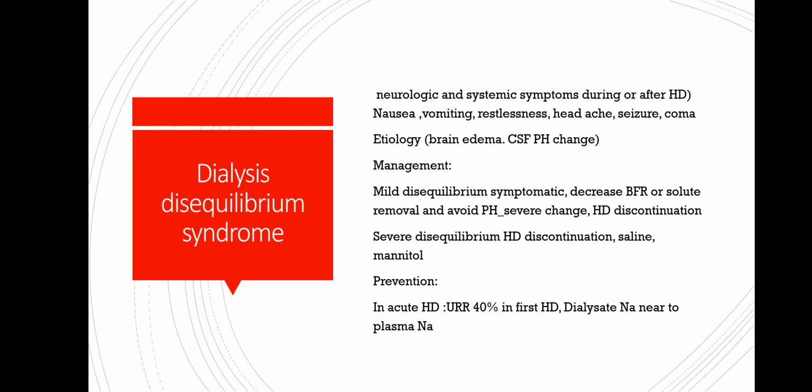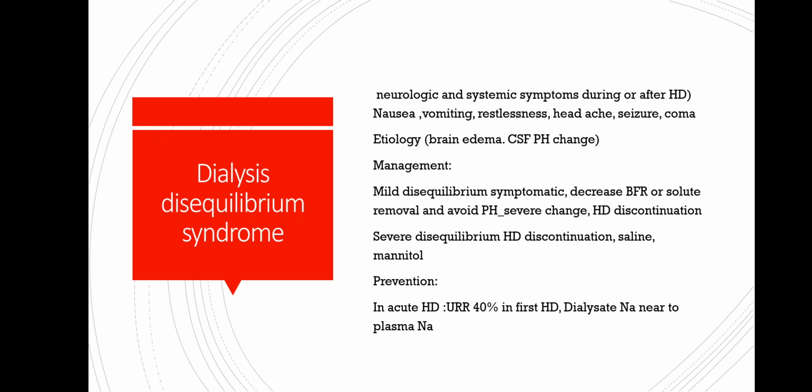For mild disequilibrium, management is symptomatic, decreasing the buffer or solute removal and avoiding severe pH changes. HD discontinuation is another management technique. For severe disequilibrium, discontinue HD and give saline or mannitol.